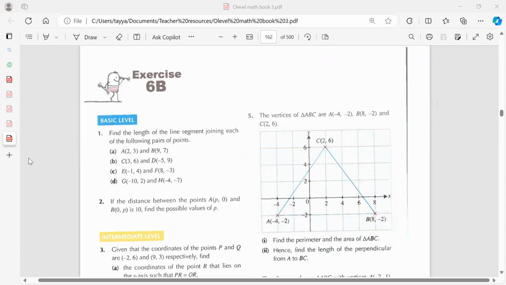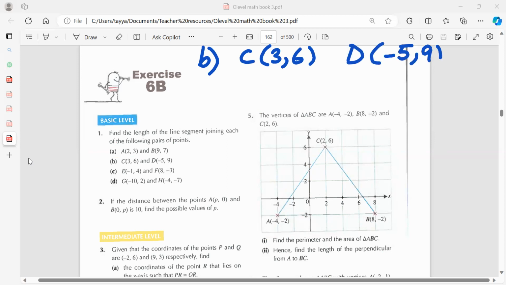Now its B part, similarly, we will solve its B part. C is 3 and 6, and D is minus 5 and 9. Okay, now I'm taking its x1, y1, and x2, y2.